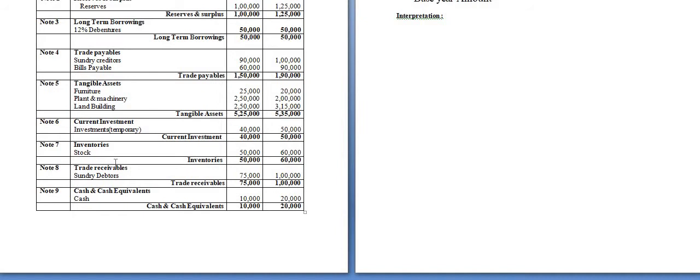Inventories include stock of 50,000 for 2018 and 60,000 for 2019. Trade receivables are sundry debtors, 75,000 for 2018 and 1 lakh for 2019. Cash equivalents include cash, 10,000 for 2018 and 20,000 for 2019.